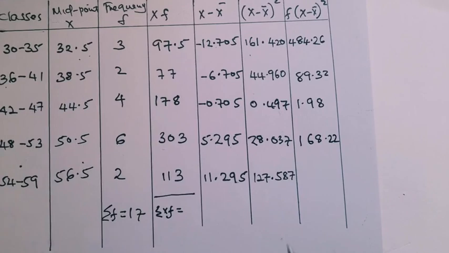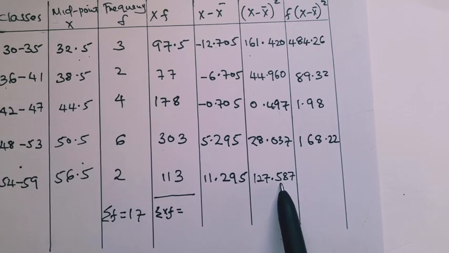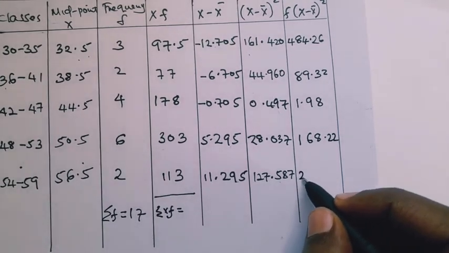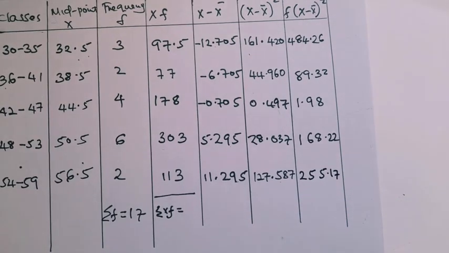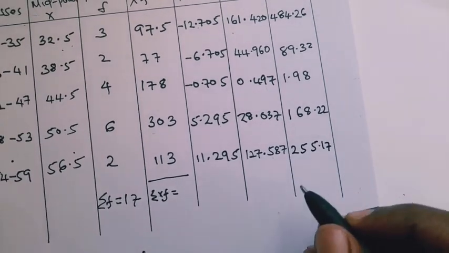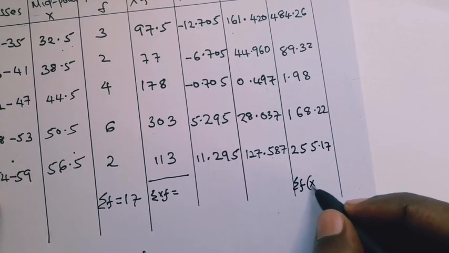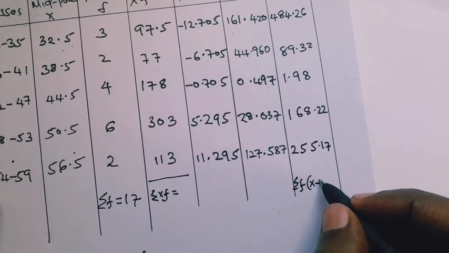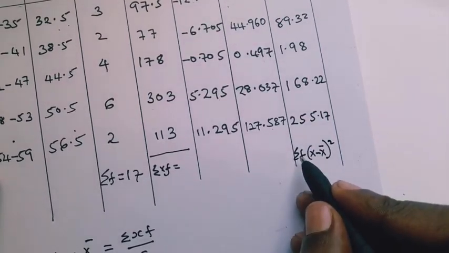And lastly, if you multiply frequency times this square of mean deviation here, it gives us 255.17.